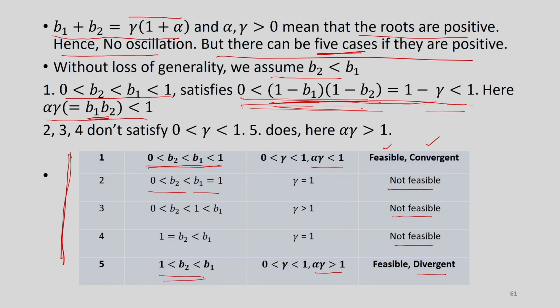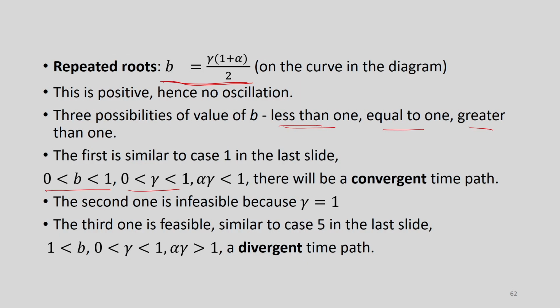So, here this is the case 1 minus b multiplied by 1 minus b, and since b is less than 1 and greater than 0, 1 minus b whole square will also be greater than 0 and less than 1, and in this case the product of the roots will be less than 1. So, this is the case of convergence, because b is less than 1. The second case will be infeasible, because in that case gamma will turn out to be 1, which is not possible.